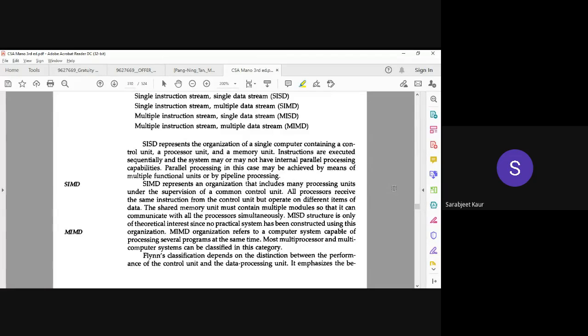Instead of doing it sequentially one after the other, we have, let's say, 10 ALUs performing at the same time. 10 of them can pick up the first 10 numbers and compute the results, then the next 10 numbers, and the next 10, while the single instruction is given by the single control unit, and all these ALUs are monitored by the same control unit.